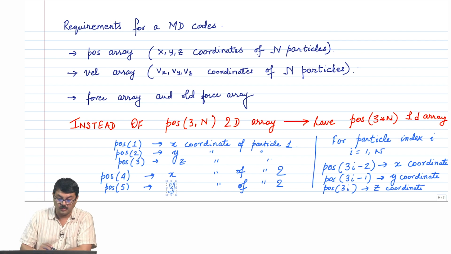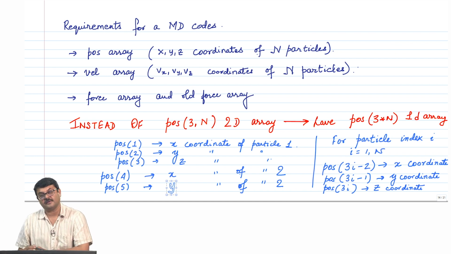So, when i equals 1, 3i is basically 3, it stores the z coordinate of the first particle. That is a quick cross check. You can similarly check when i equals 2 and so on and so forth.